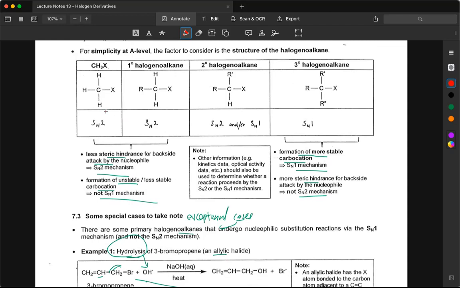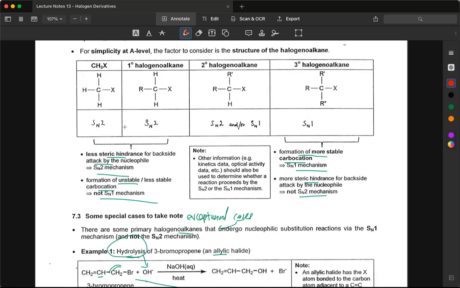If we have a methyl halide, then it is SN2. If it's a primary halogenoalkane, it's also SN2. But if it's secondary, it can be either SN2 or SN1. Then for a tertiary halogenoalkane, because of the steric interference, we will have SN1.